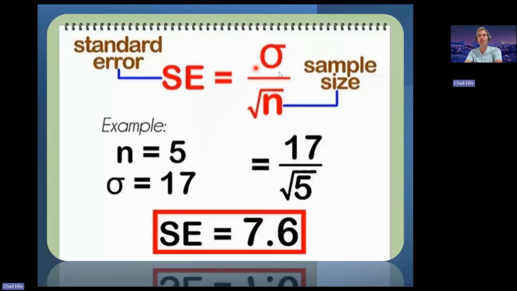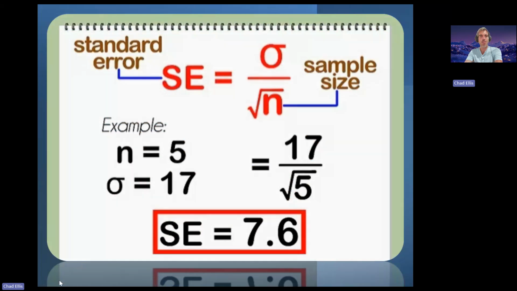But if we did know it, it'd be a very straightforward calculation. In our example here, we have a population standard deviation of 17 and a sample size of 5. So 17 over the square root of 5 is going to give us a standard error of 7.6.